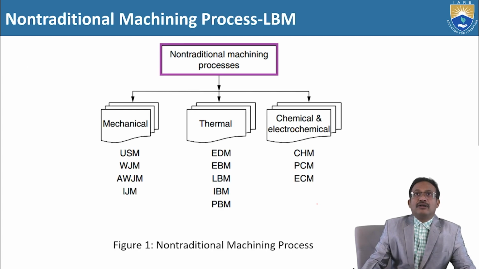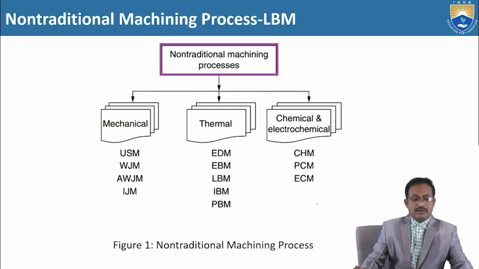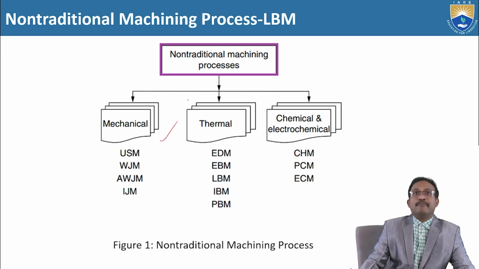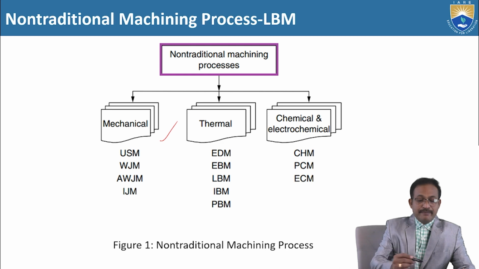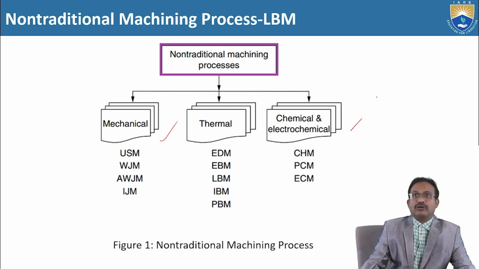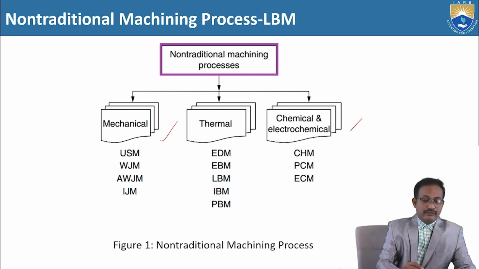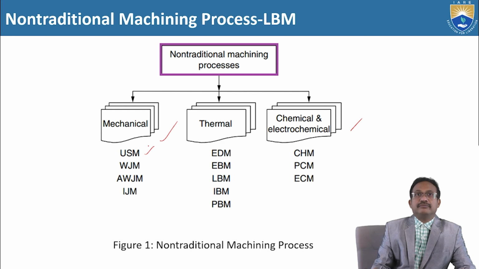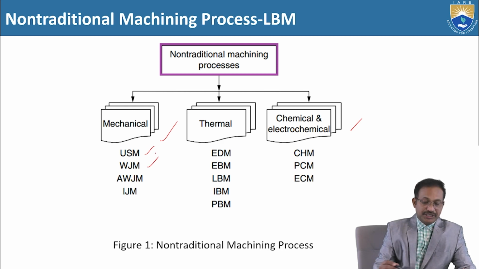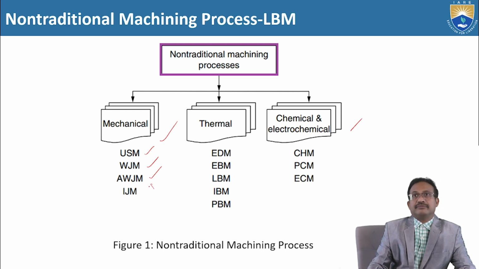Under non-traditional machining processes, we have broad categories, namely mechanical, thermal, chemical and electrochemical. In mechanical, we have ultrasonic machining, water jet machining, abrasive water jet machining, ice jet machining.